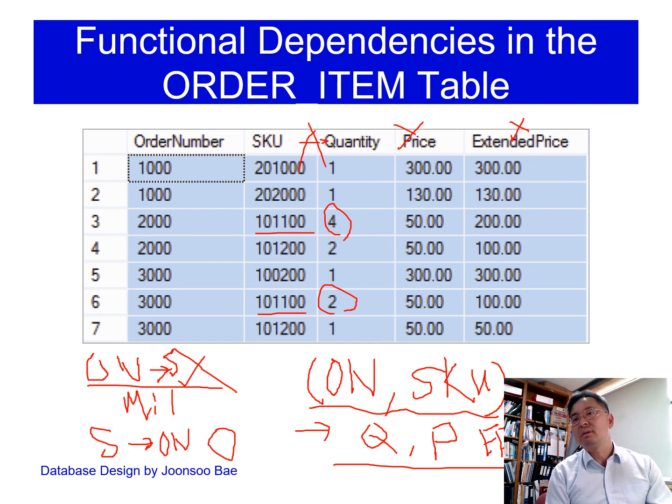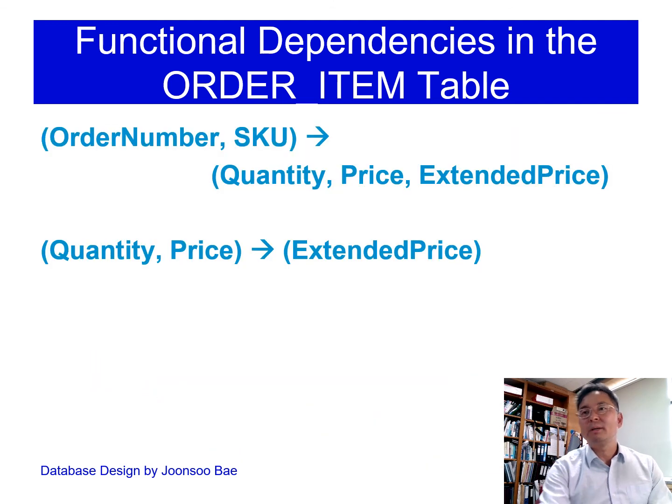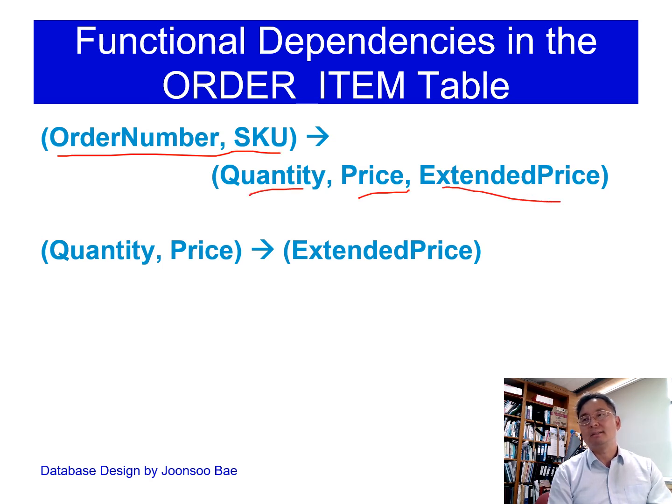And also we have already seen that the equation quantity times price becomes extended price, which also becomes one functional dependency. So we can say that order number, comma, SKU, a composite attribute, will determine every other column.